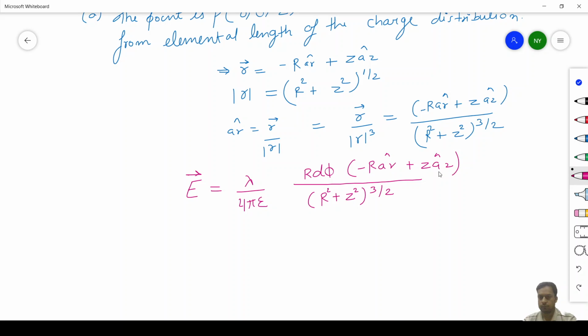So we integrate d phi from 0 to 2 pi. We will integrate around this.